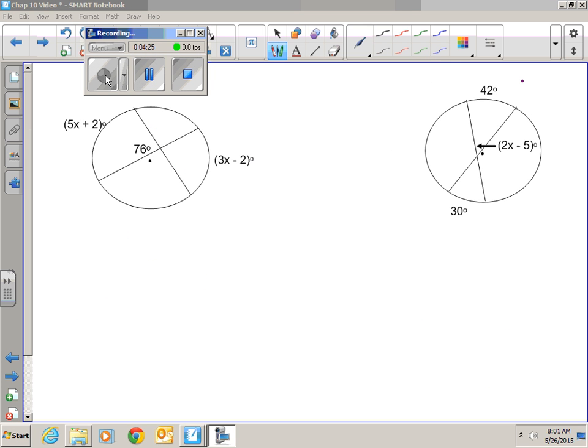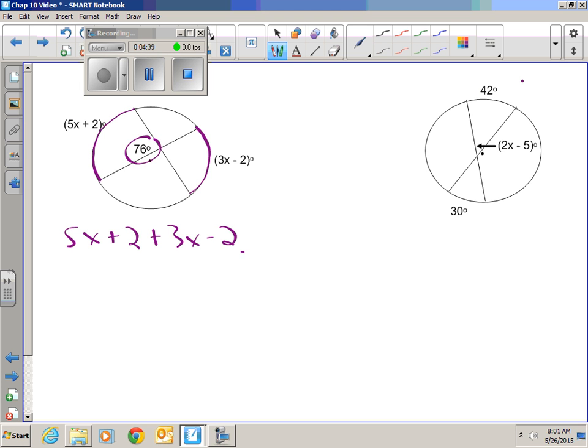Okay, let's try these next two. I have a chord angle of 76. It is equal to half the sum of its arcs. So 5x plus 2 plus 3x minus 2, all divided by 2, is equal to 76. I'm going to multiply both sides by 2.